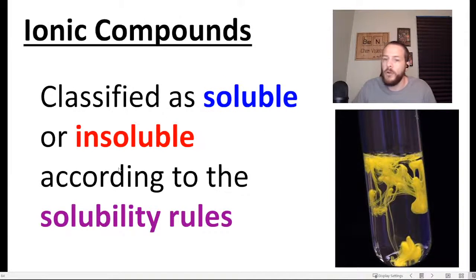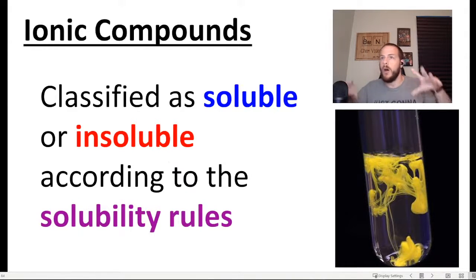And I'm sure previously in your chemistry education, when you were doing net ionic equations and precipitation reaction equations, you probably learned how to classify ionic compounds as either soluble or insoluble based on a solubility rules table.